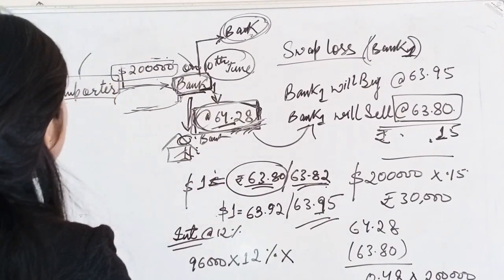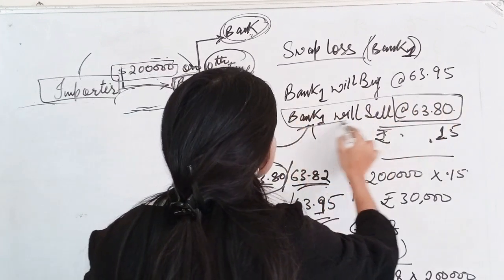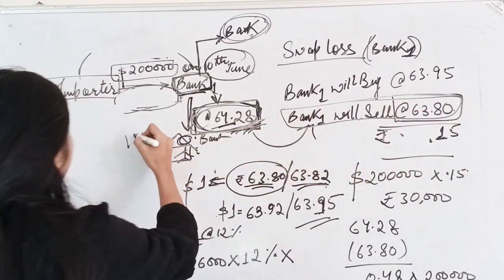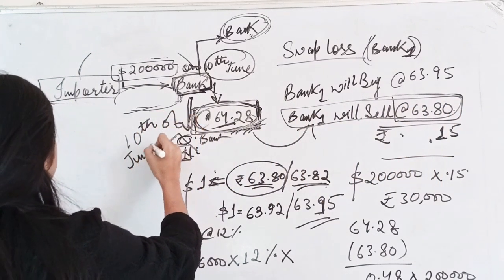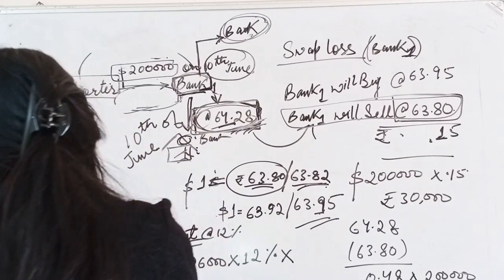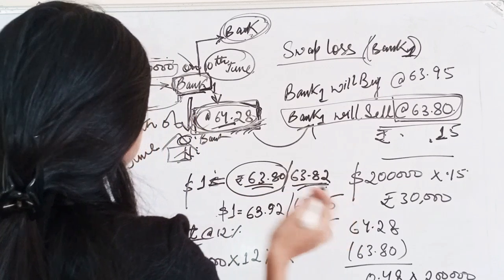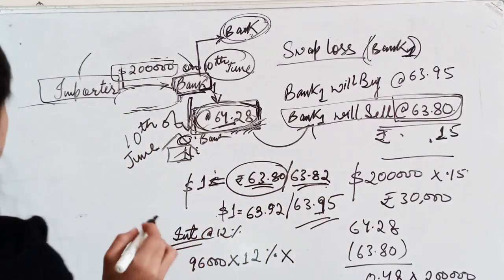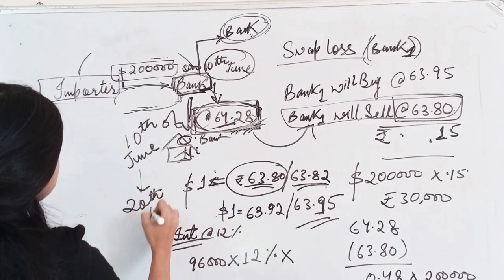See, this transaction is happening on 10th of June, isn't it? And the cancellation or the swap, everything is occurring on 20th of June. So there is a time gap of 10 days.